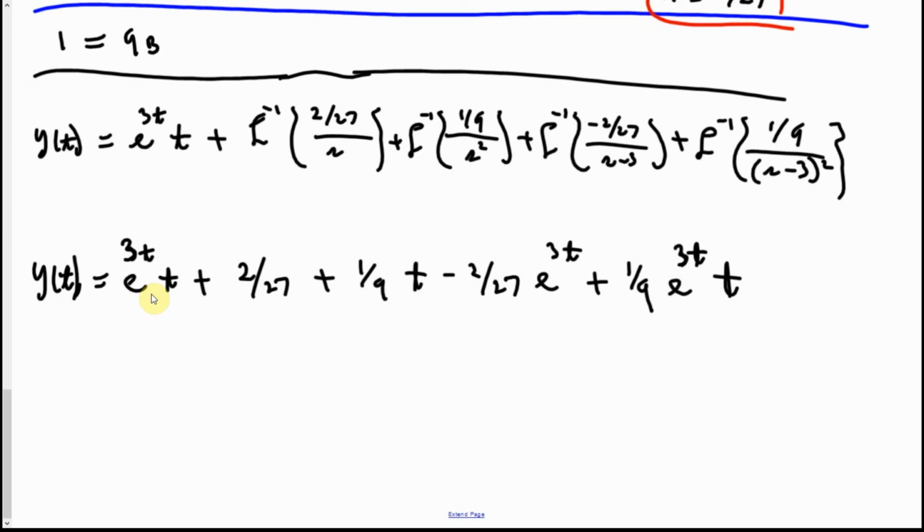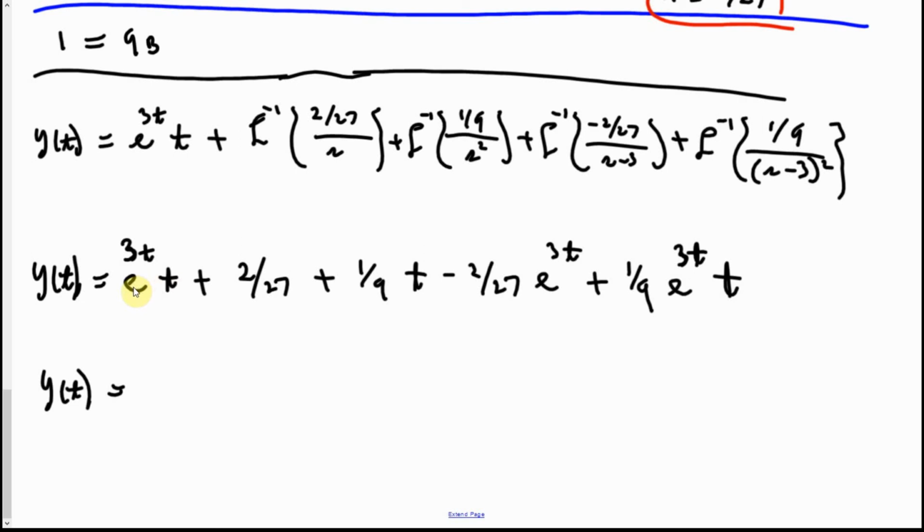In order to prevent the solution from being linearly dependent, if you will, we need to be able to write that in its correct format, and that is that y of t, I have to add these two terms.